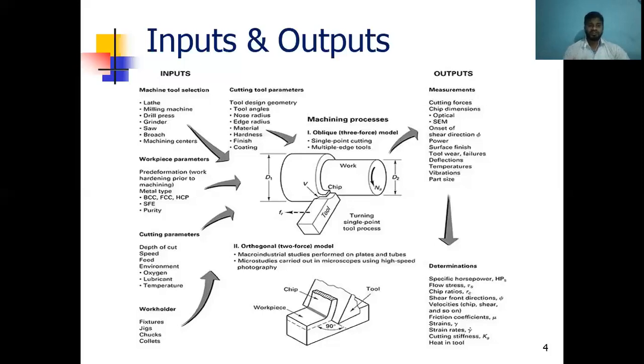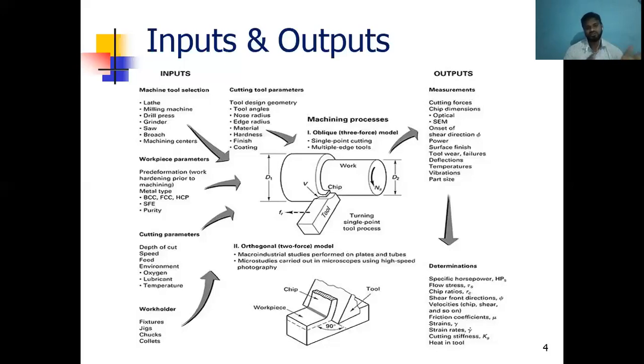Next, cutting parameters: depth of cut, speed, feed, environment, which means the ambience around the material, like oxygen, lubricant, temperature. The work holders are fixtures, jigs, chucks, and collets. These are the basic needs.